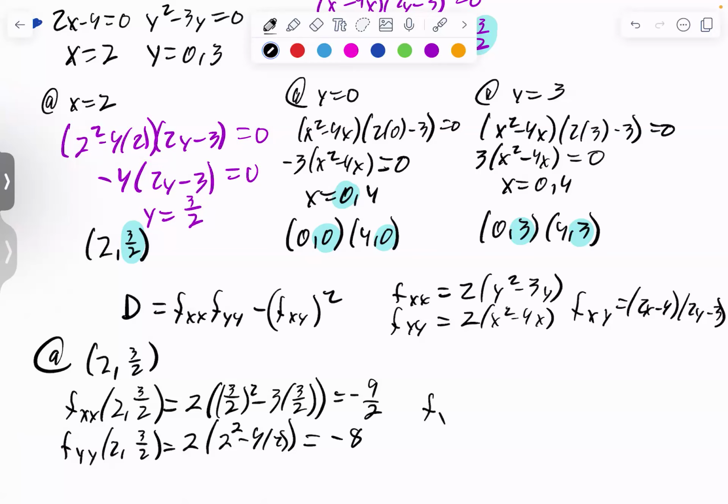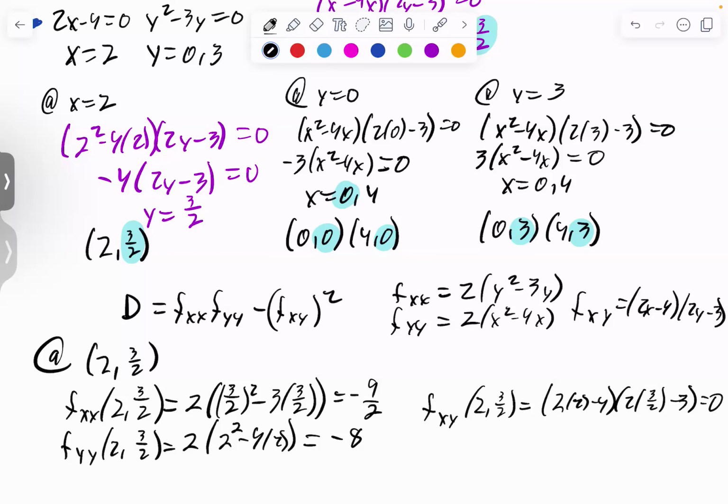And f sub xy at (2, 3/2) is 2 times 2 minus 4, and 2 times 3 halves minus 3 is actually 0, times 0, so we just get 0 there. The first one, 2 times 2 is 4, 4 minus 4 is 0.